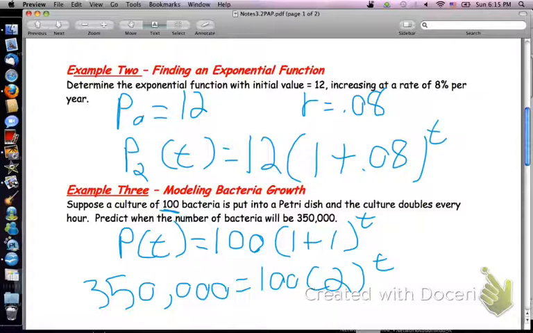If you graphed it, you would notice the y value of 350,000, the graph reaches it roughly when t is approximately 11.77. So almost 12 hours, almost half a day for the population to reach 350,000, which, if you think of it, is not very long. Bacteria grows very rapidly.